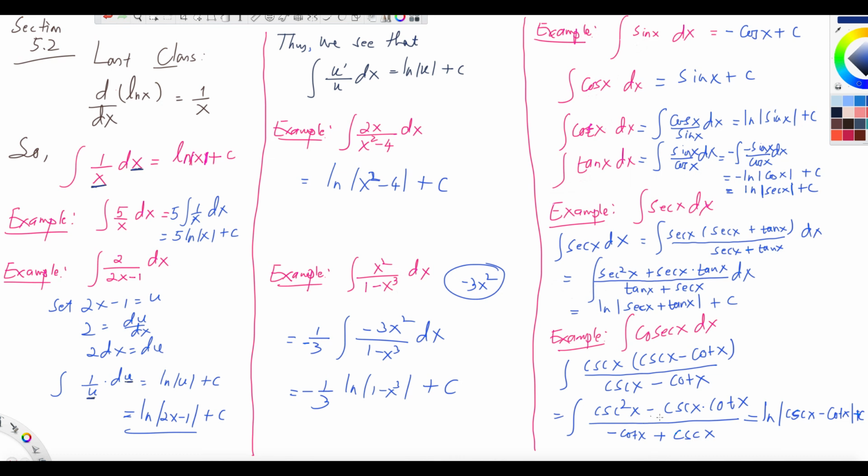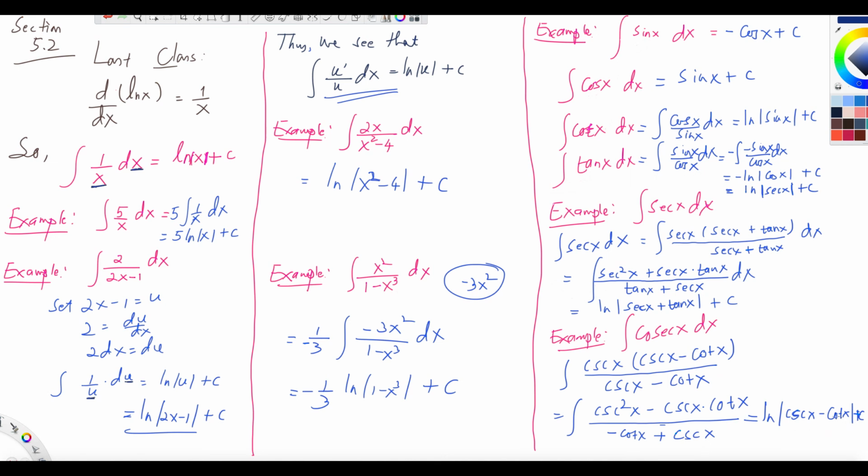Either way, it is not a problem, right? Because I am keeping the same sign. See, cotangent has a negative sign, cosecant has a positive sign. You can write this forward, this backward, it's the same thing. I was just moving them this way to show you that this one has that derivative, this one has that derivative, and then the whole thing in the denominator has its derivative in the numerator. That's why you can use that technique, meaning the natural log of the denominator function with the absolute value and then plus c.